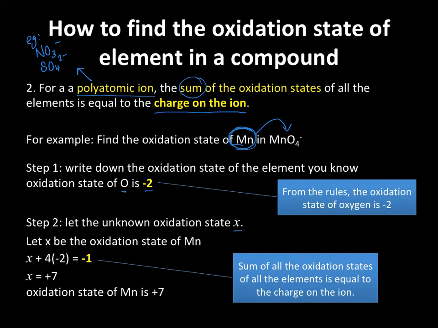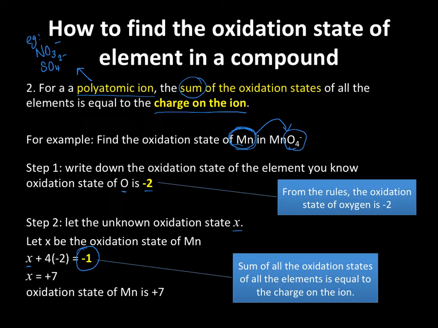And I form an algebraic expression. So I have 1 Mn in MnO4 minus, so X plus 4 times -2, because there are 4 oxygen atoms here, and each oxygen atom has an oxidation state of -2, and I equate them to -1 because the charge on the overall ion is -1.